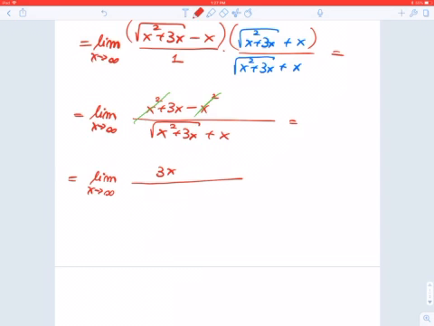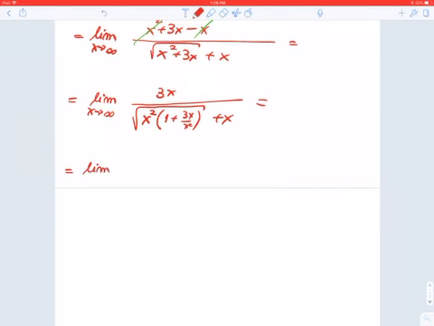I have 3x here. I will factor out x squared, the leading function, from the expression under the square root, and I will have 1 plus 3x over x squared. Okay.